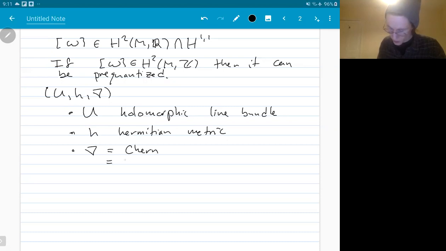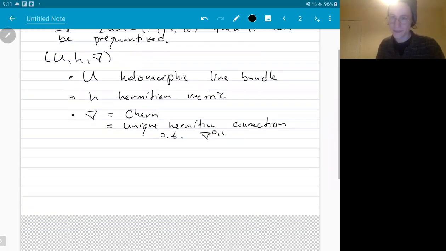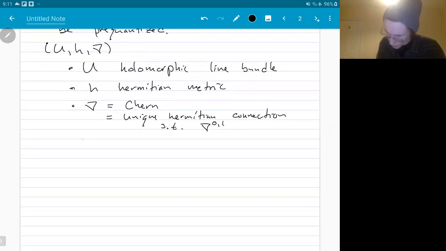So this is the unique Hermitian connection such that if we take the (0,1) component of the connection, it allows you to differentiate sections of U by (0,1) vectors.